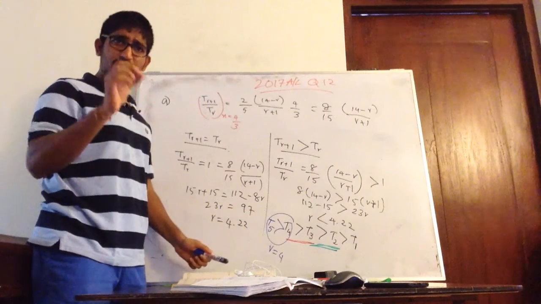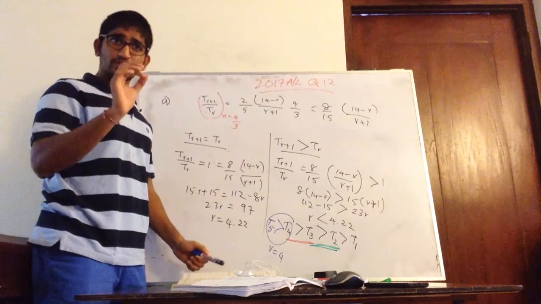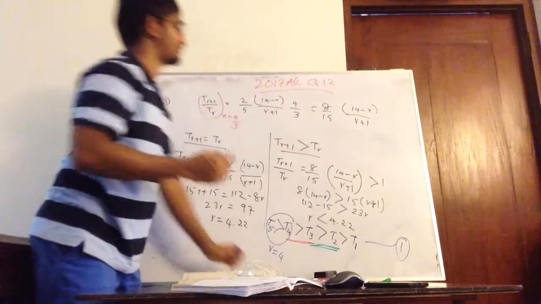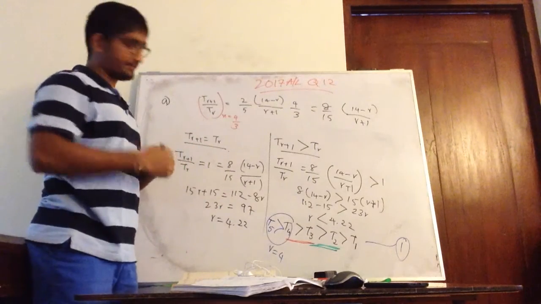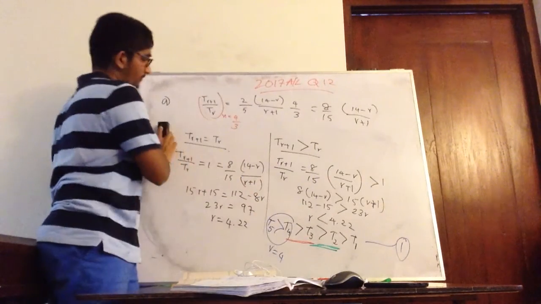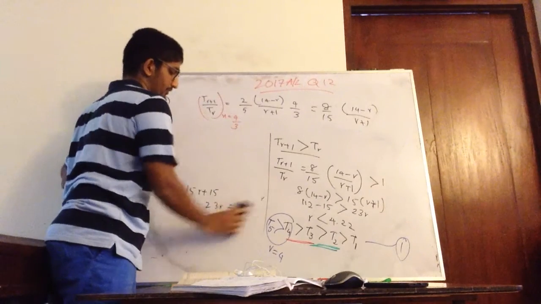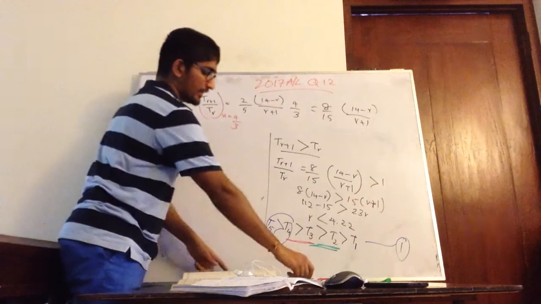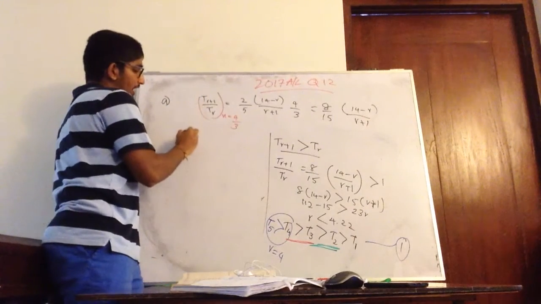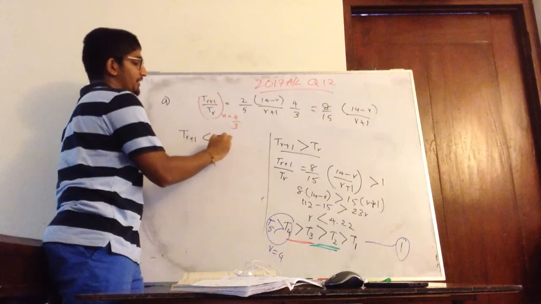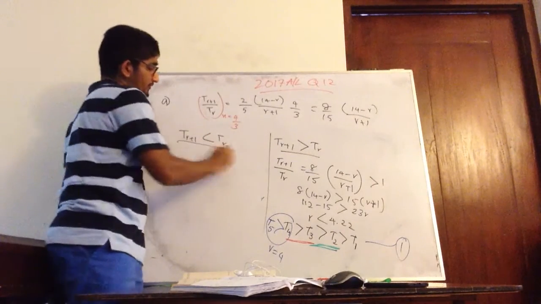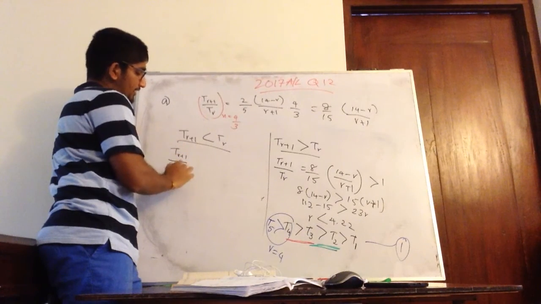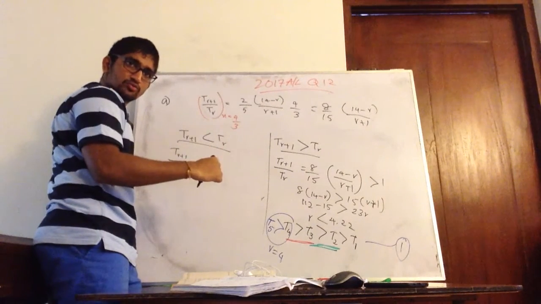Right? So understand this very, very carefully. So try to understand this. So I am going to name this as 1. Right? Then I'm going to evaluate when T(R+1) is less than T(R). So that means T(R+1) over T(R) will be less than 1, no?